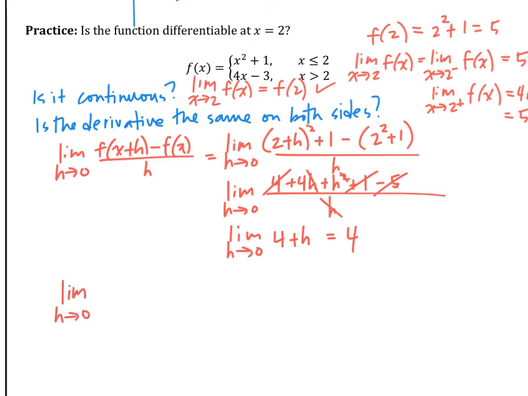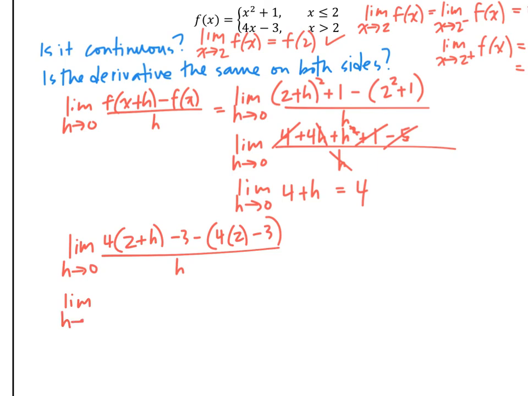What about the right-hand side? The right-hand side uses the function 4x minus 3. So 4 times (2 plus h) minus 3, minus (4 times 2 minus 3), over h.